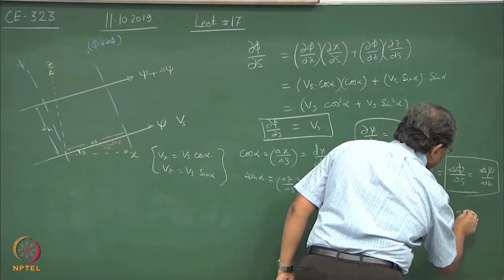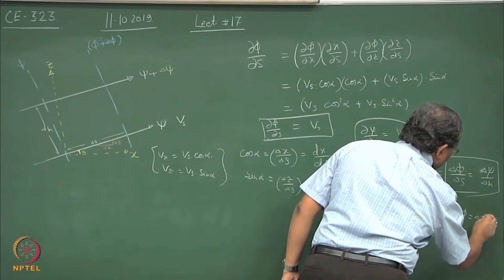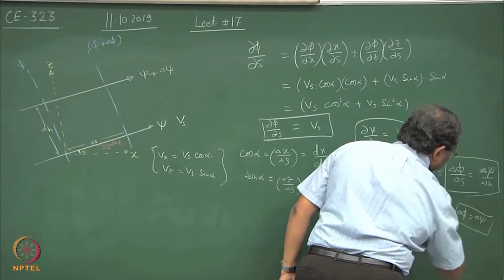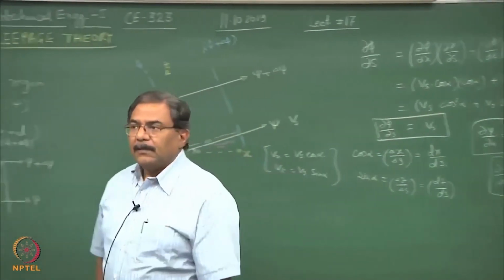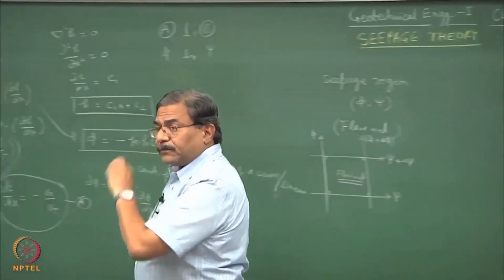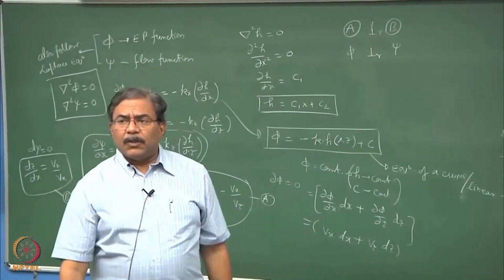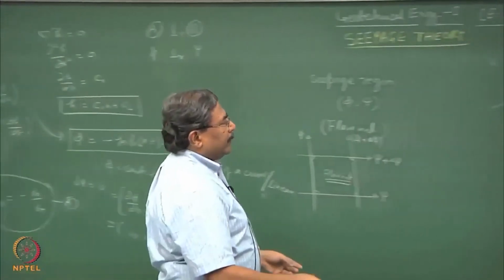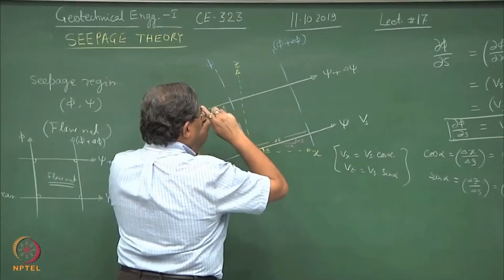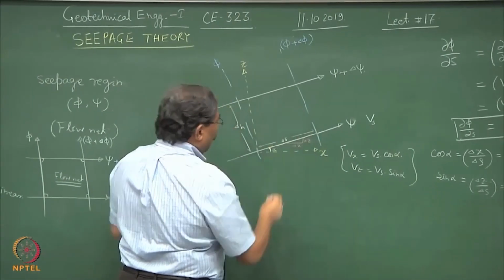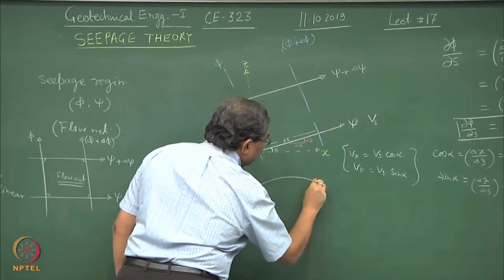What I am saying is delta phi is equal to delta psi. All right. So, the flow net by definition is a square entity made up of either a linear system or this could be a non-linear system also.